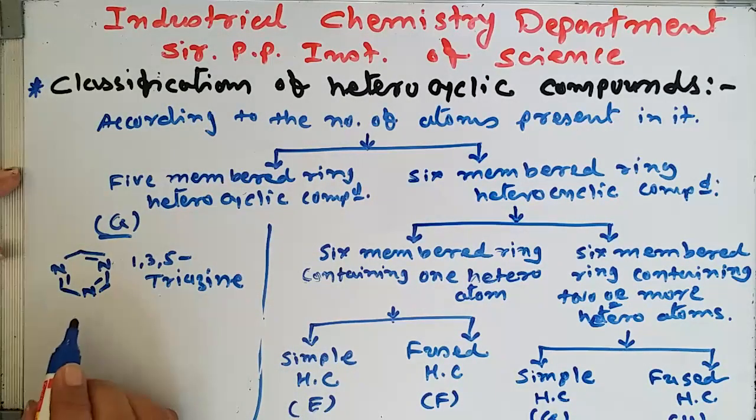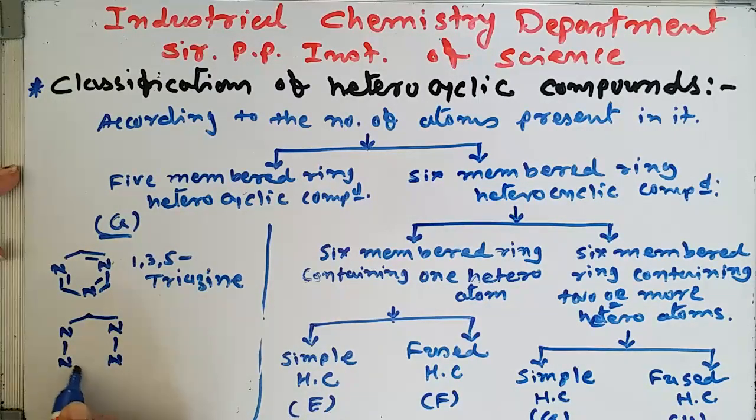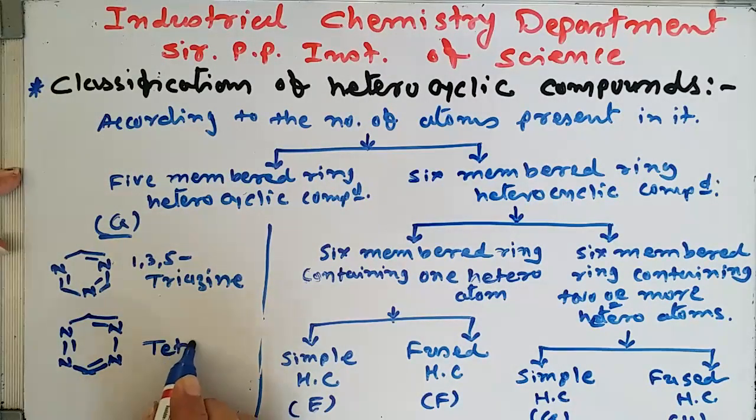And if 4 nitrogen atoms are present, it is known as tetrazine.